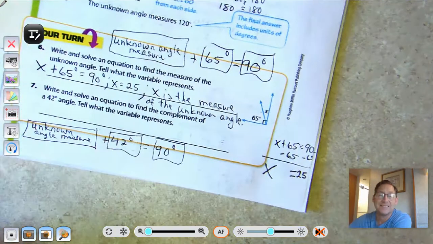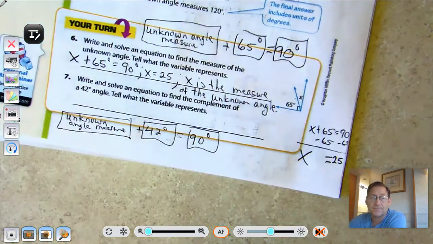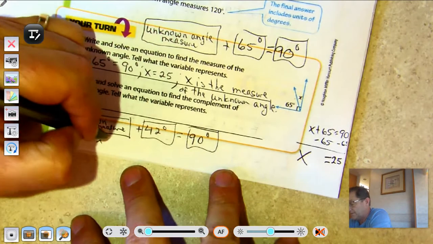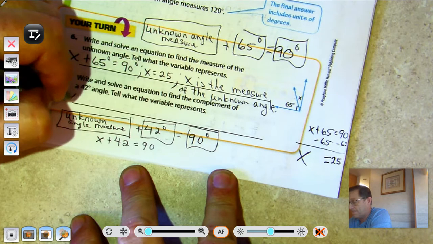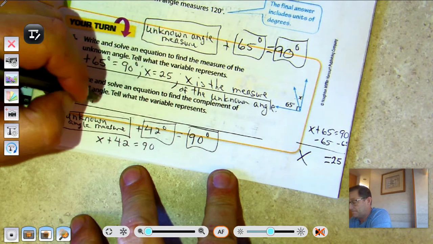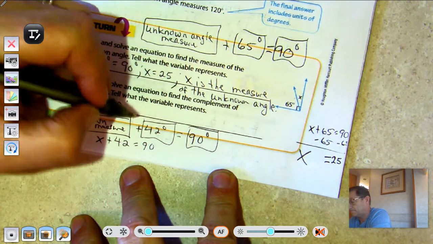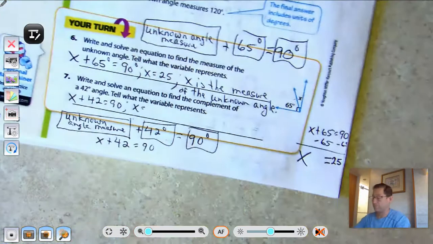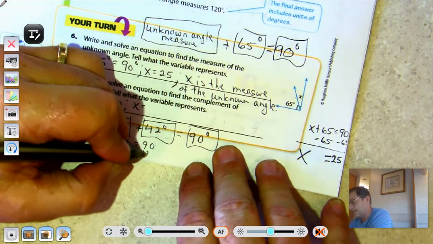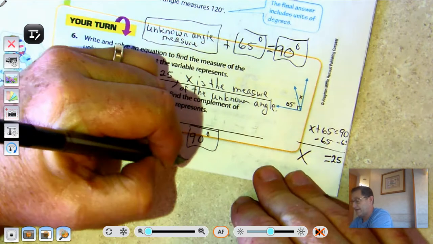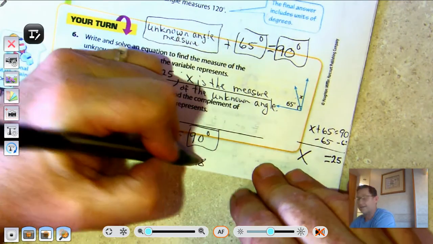Because it says find its complement. All right, so our equation is going to be x plus 42 equals 90. What does x equal? Well, it has an addition, right? So we're going to subtract 42 from both sides, and we'd be left with x equals 48.